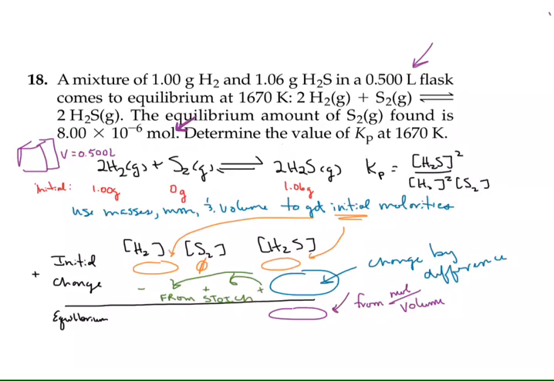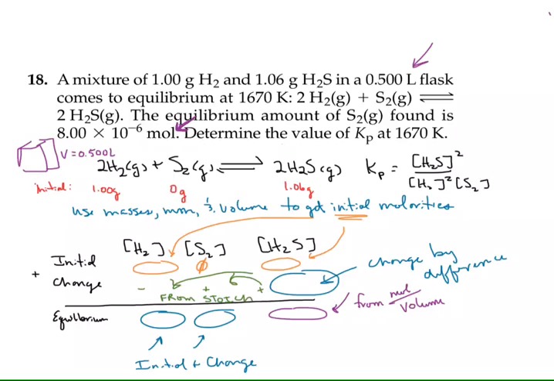It's going to have to go to form more of the product, because you don't have any of it. Why do I have an increase in H2S? So it's going to go from reactants to products.